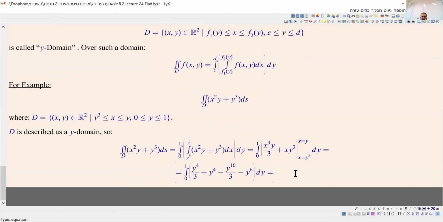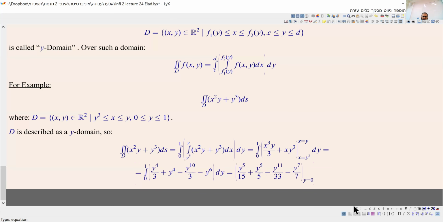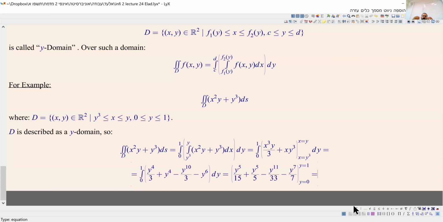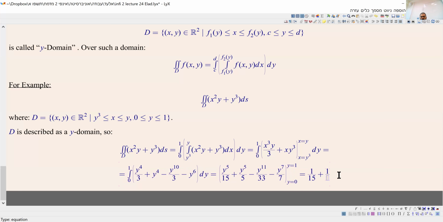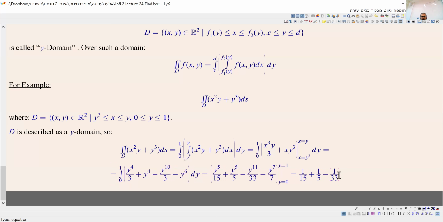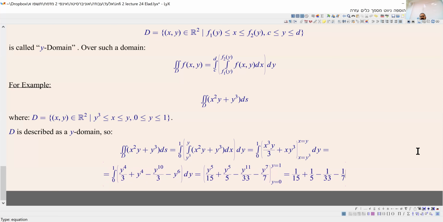It is y to the power of 5 over 15 plus y to the power of 5 over 5 minus y to the power of 11 over 33 minus y to the power of 7 over 7, whatever this number is, between 0 and 1. And at 0, everything is zero. And at 1, we get 1 over 15 plus 1 over 5 minus 1 over 33 and minus 1 over 7. Believe it or not, it is a number.